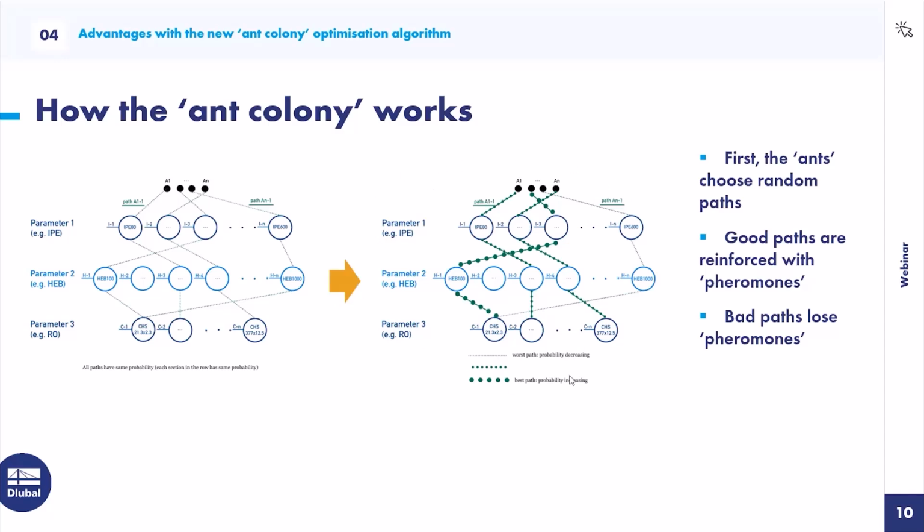And in a later stage, all the paths which have good target values compared to other ones will be reinforced with pheromones, like it is in nature. You know it, if there is a street with ants, they are reinforcing this path, and this increases the possibility that other ants, here search agents, will also take this path and be in the neighborhood of those paths.